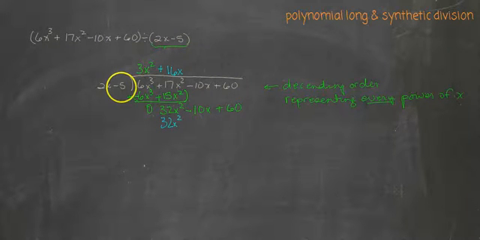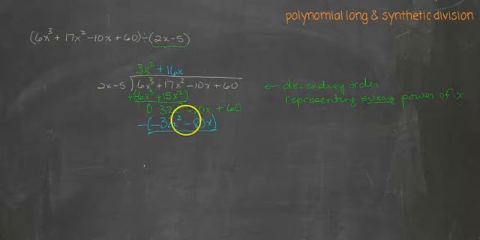So 16 times negative 5 is negative 80. We know it's negative because a positive and a negative, and then x just comes along for the ride. So I'm going to subtract this, which means change all the signs inside and turn it into addition. These cancel. Negative 10 plus 80 is 70x. Bring down the 60.